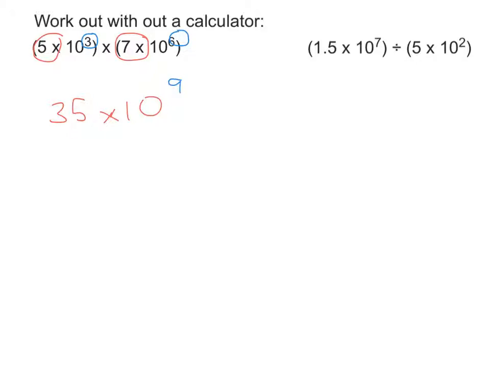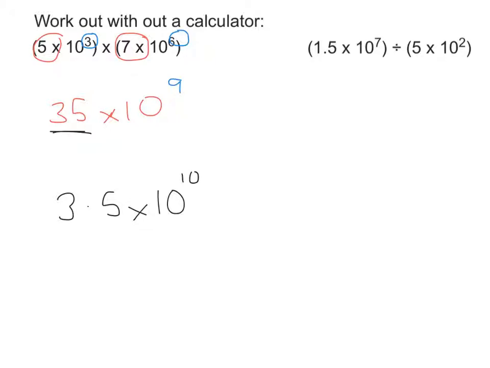And that's almost my answer, but hopefully you've spotted that this number here is not between 1 and 10. So what I do is change it so it is. I'm just going to add that decimal point. And if you imagine moving along your number, I've gone one extra step, then the power increases by 1. And that's what we had before.